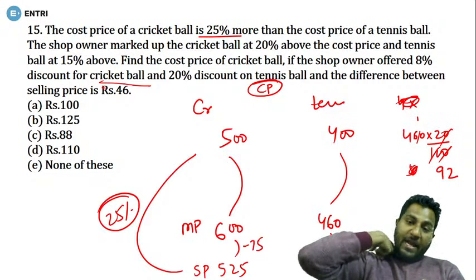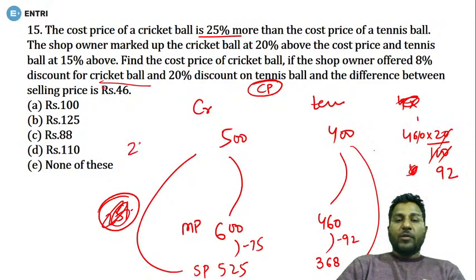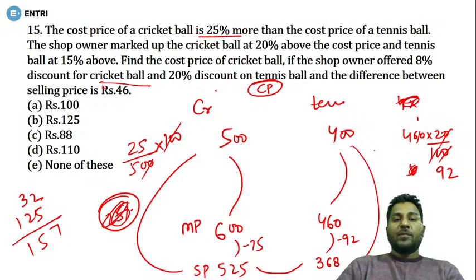So let's subtract 92. That means 368. Clearly the difference between the selling prices is 46, so we can easily figure out the answer, 125.